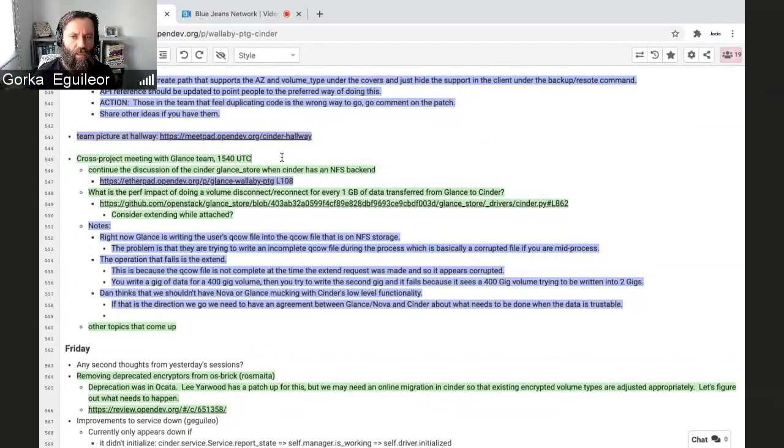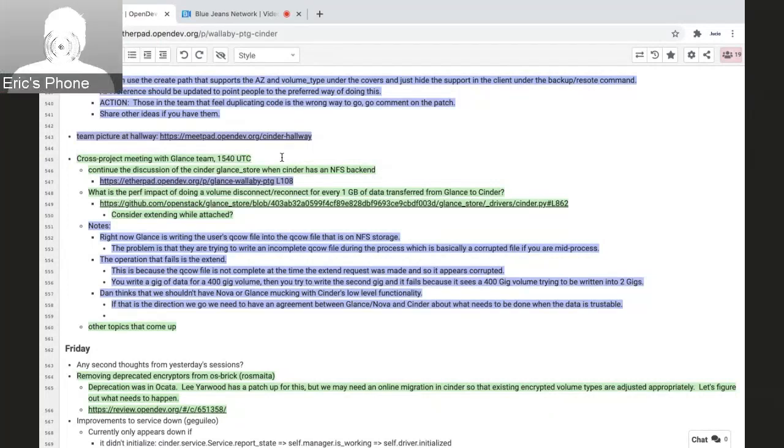One question on the Glance side, when it's using Cinder NFS, is it requesting raw volumes or QCOW2 volumes, or it may request both? So it's up to Cinder. Okay.